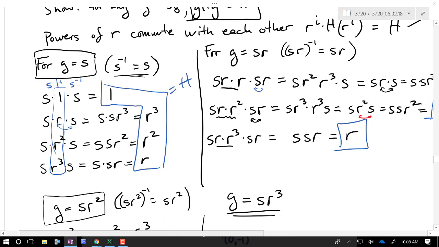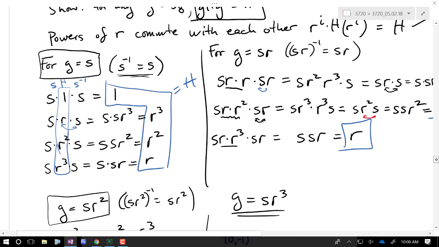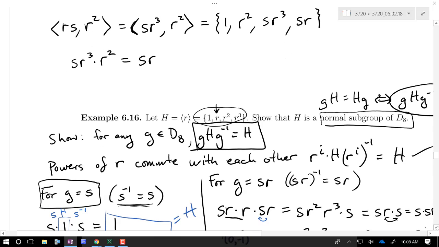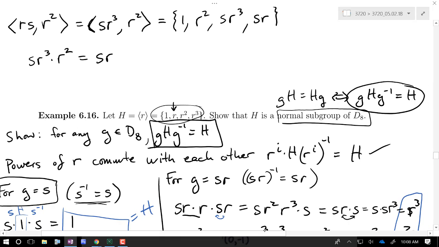Remember, we did the conjugation of all the elements. We found that no matter what element of G we picked, if we computed G H G inverse, it always just gave us the same group right back.